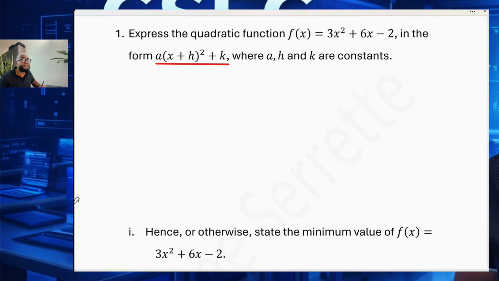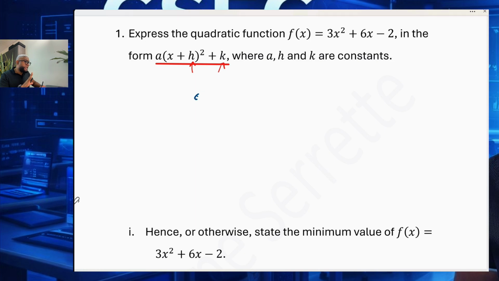So what form is this again? This is the completing the square form, right? It allows you to see the values of the coordinates for your turning point, right? Everybody clear there?